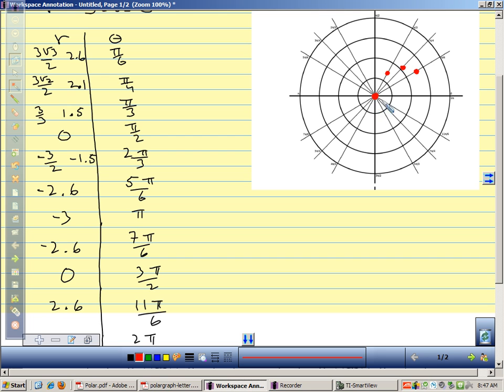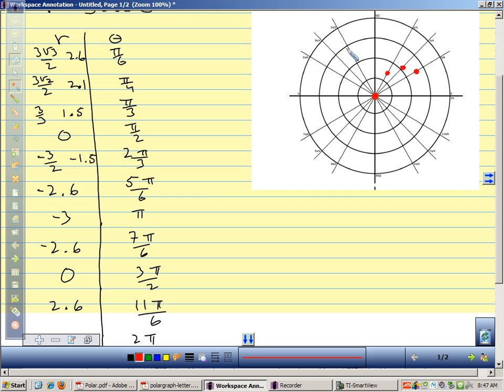Everybody see how I'm getting my points, how I'm plotting my points? This is from what we did on Friday. So now at 2 pi over 3, we're here, and our radius is negative 1.5, so I'm going the other direction.